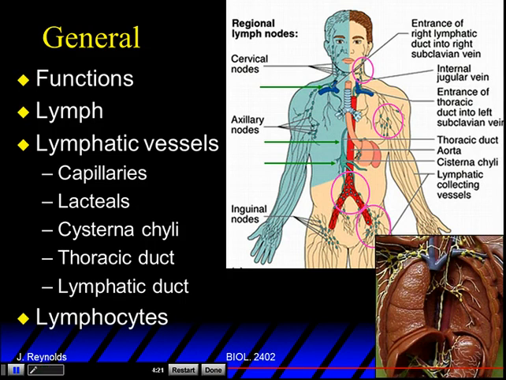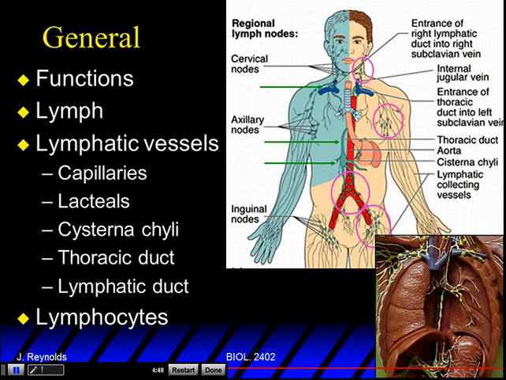And the heart is pumping that blood around. But in the lymphatic system, it is not circular. It's one-way motion. So in the peripheral areas of your body is the beginning of the lymphatic capillaries. They're called capillaries, but they're not a capillary bed like the blood capillaries. They're called blind-ended capillaries.